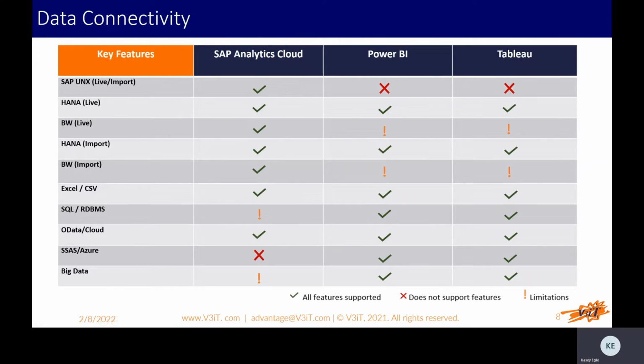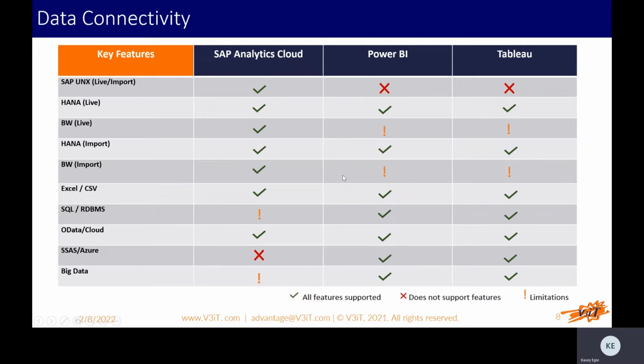When it comes to data connectivity key features, here we can see the different ones for each, and we can see that they all have HANA live connection, BW live connection with some limitations. Same thing with the HANA and BW imports.